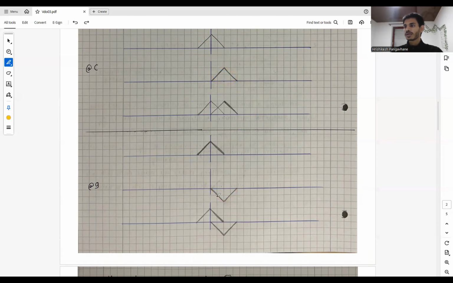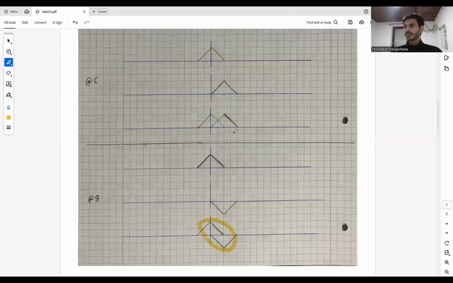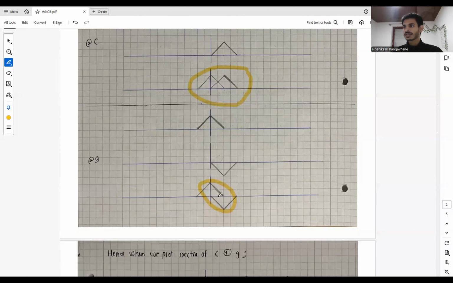So after convolution, we get something like this. We have this from node C and this from node G. Basically, this talks about noise, and also noise aliasing.